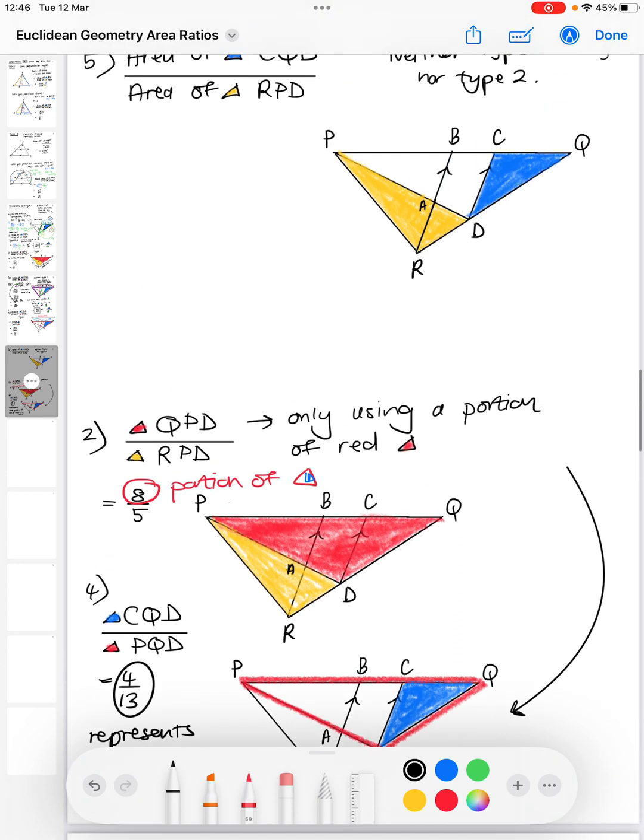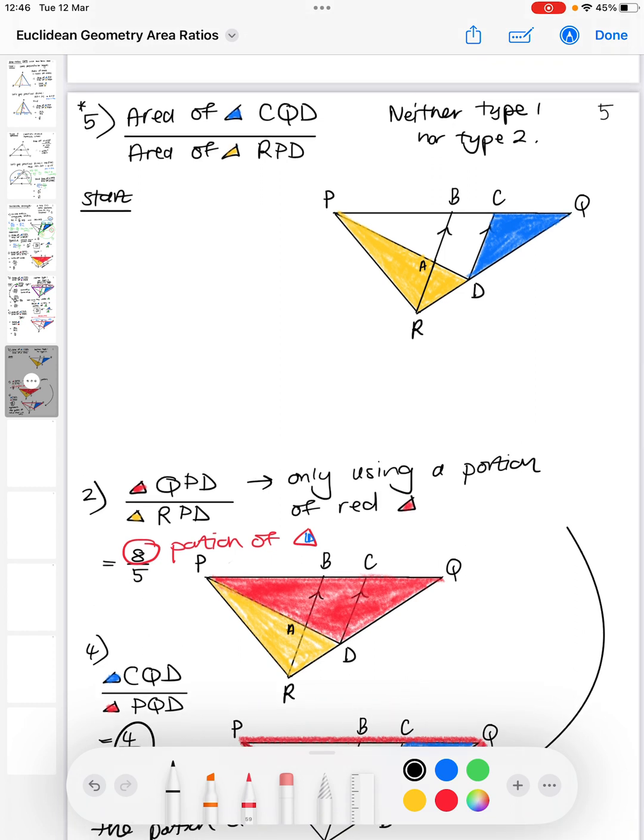13. So if I start this question off and say, okay, I'm interested in blue over yellow, I'm first going to rewrite the ratio of red over yellow as below. First going to rewrite red over yellow as if I'm trying to find red over yellow. I'm not, I already have that. But red over yellow is equal to 8 over 5. I'm not going to use the whole of the 8. I'm only going to use a portion of my red triangle.